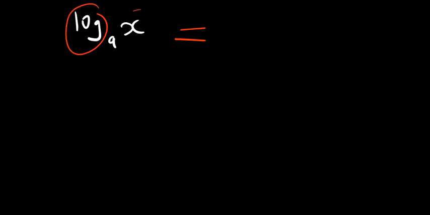Then the last part is being able to change a base. So let's say I've got log base a of x. This is very simple to change. Let's say we're changing this to base b. If we're changing this to base b and it has only the base as a, just get the log of x and the log of a, then put the base that you're changing to.